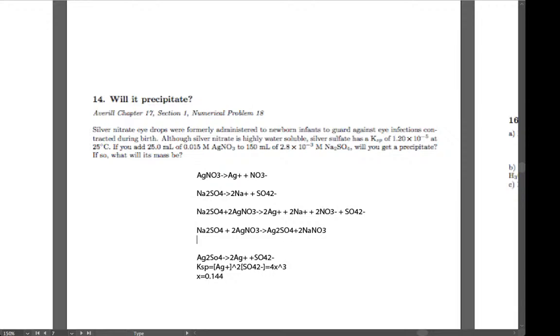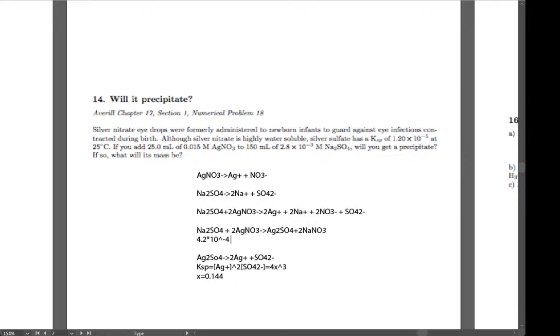2.8 times 10 to the power negative 3, multiply the thing by 0.15. That's 4.2 times 10 to the power of negative 4, okay? And for this one, that's the amount of moles that we have.